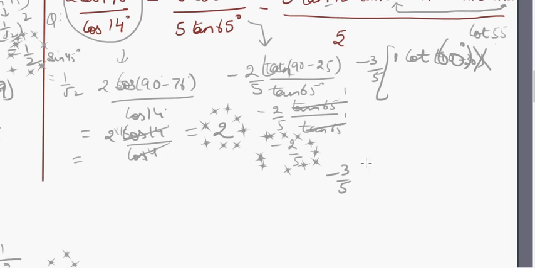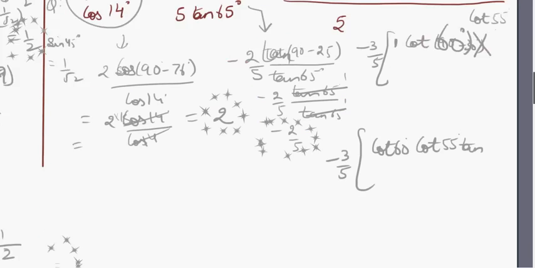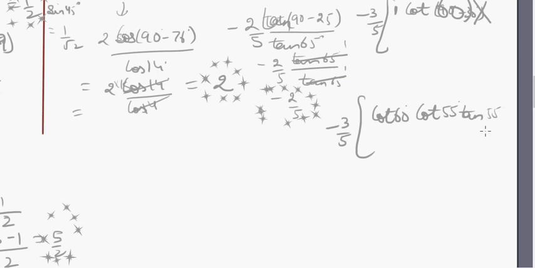So the third part will become minus 3 by 5 cotangent 60 into cotangent 55 into tangent 55 into tangent 60. Now friends, cotangent theta is nothing but the reciprocal of tangent theta.